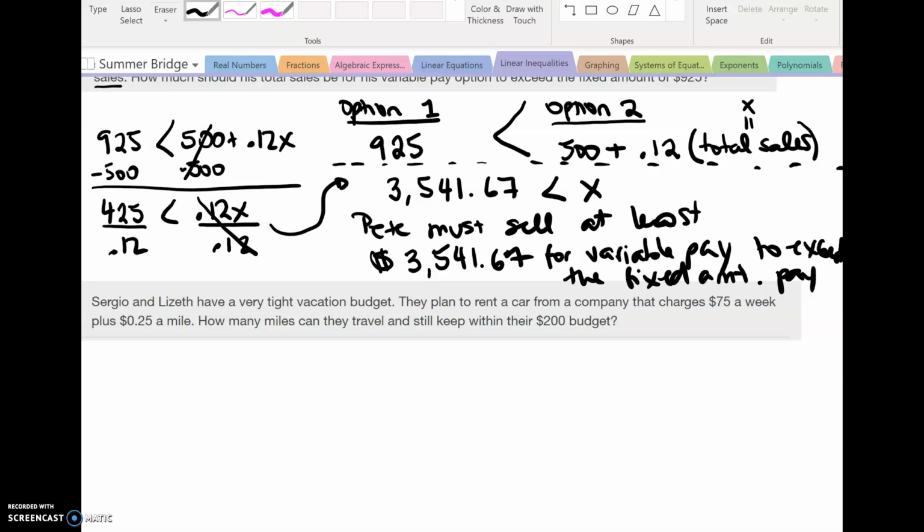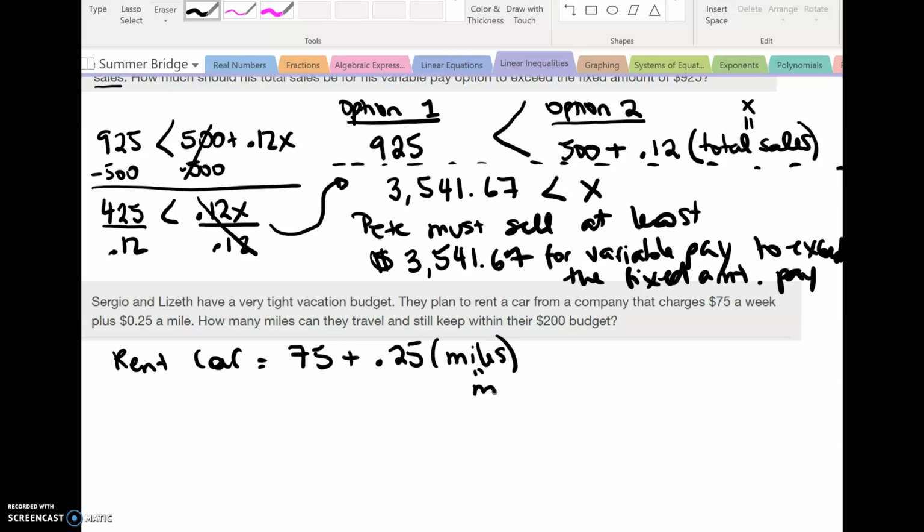So just to rent the car, fixed price, they are paying $75 plus 25 cents times the number of miles they travel. Okay, and you can call this M if you want. I'll call it M as well.